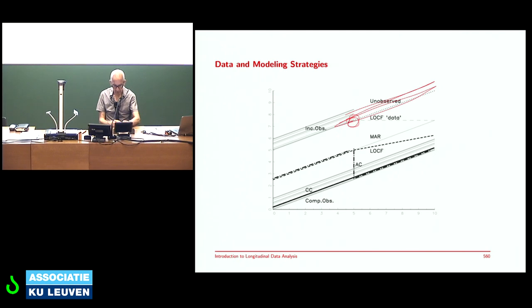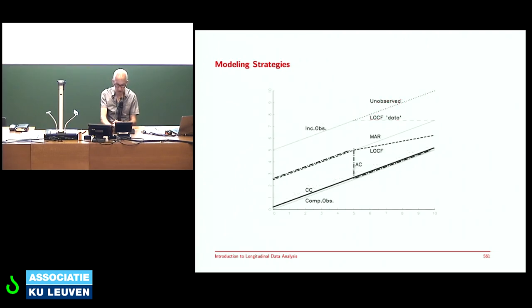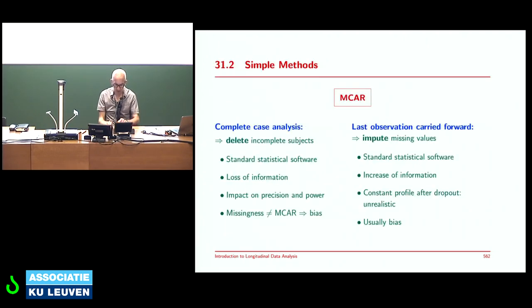The moment you drop out, we carry you forward in this way. It's not right. Missing completely at random or missing not at random has nothing to do with it. When would it be valid? Had the profiles been flat after dropout? And that may be very unrealistic, evidently. So LOCF is not even then a correct method.